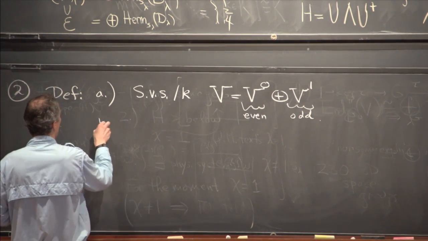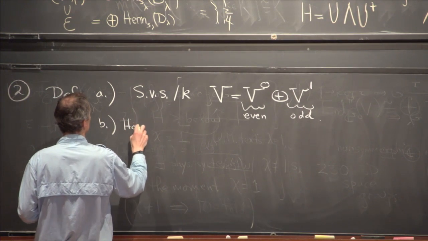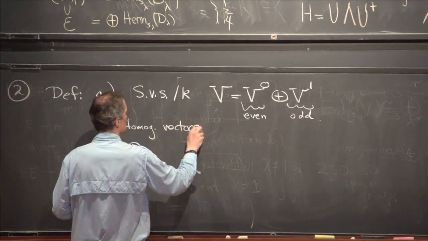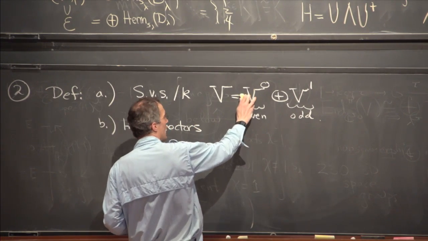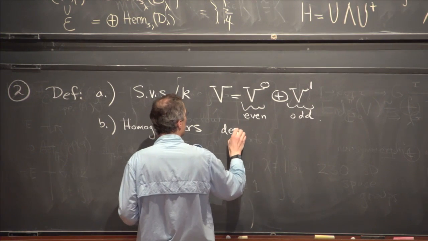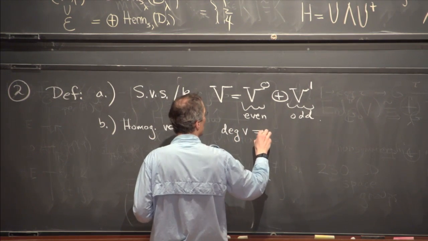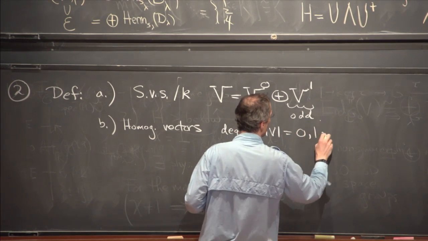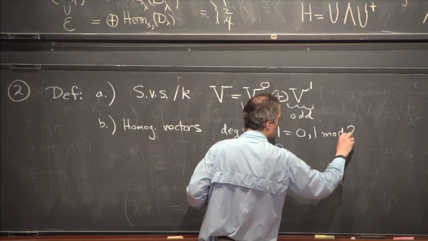Homogeneous vectors are vectors which live entirely in V0 or entirely in V1, and they have a well-defined degree, which I'll also write as |v|, which is either 0 or 1, thought of additively mod 2.